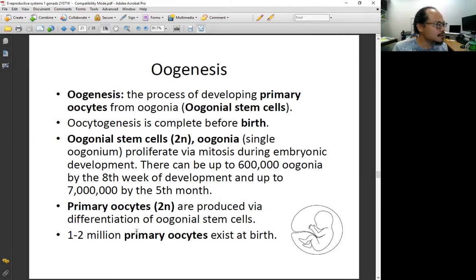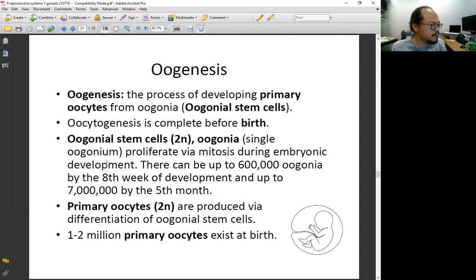All right, so oogenesis is a process to develop these primary oocytes from the oogonia. All this process is completed before birth. Oogonia stem cells are 2N, and through mitosis, they reproduce identical daughter cells, a lot.